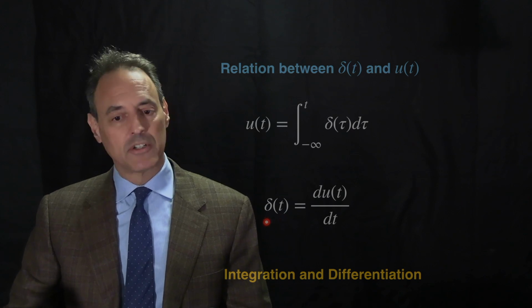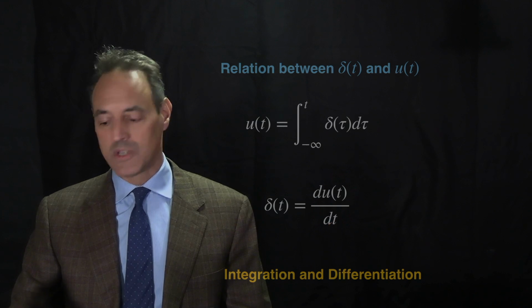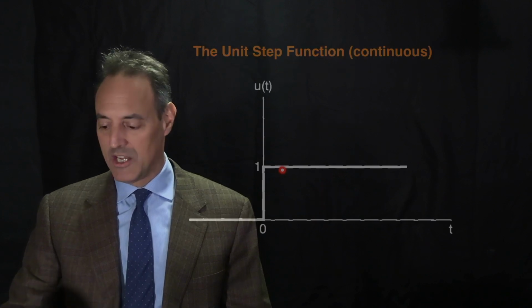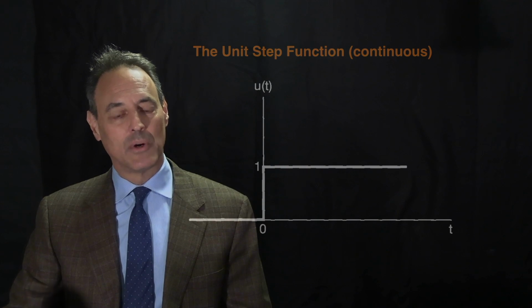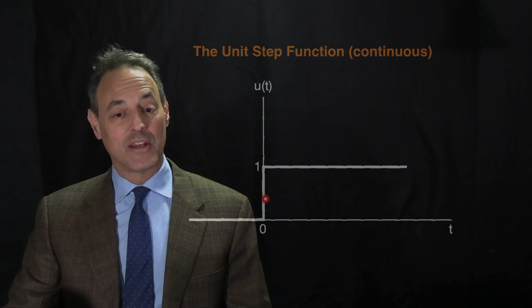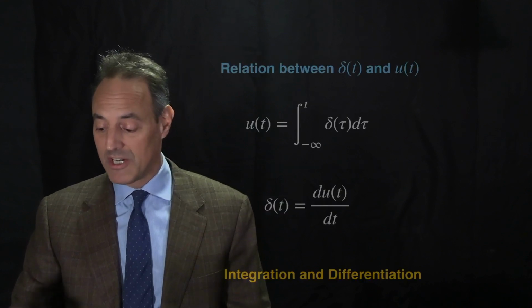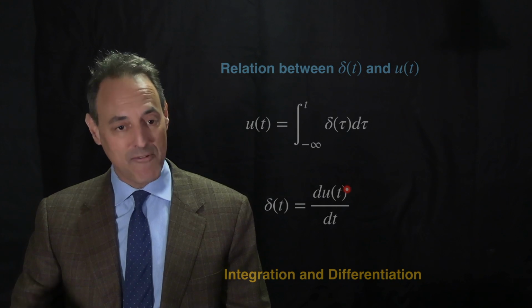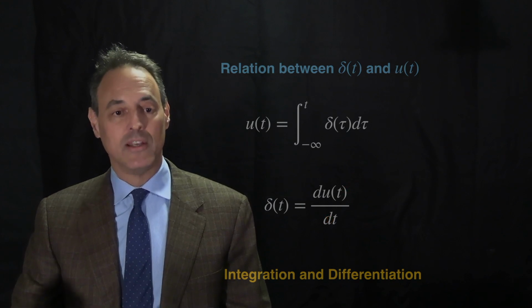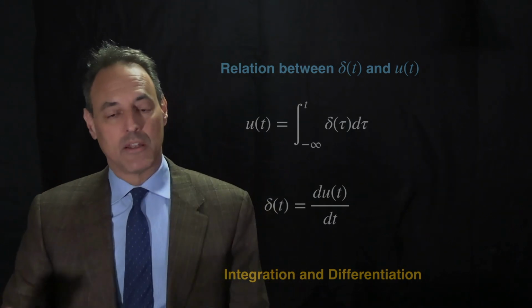The delta function itself is the derivative of this function. So if I go back to looking at this thing, the derivative here is 0. The derivative here is 0. And of course here, the derivative is basically a discontinuity. It's like infinity, but a very special type of infinity. So you take that function, you differentiate it, and the derivative is 0 on either side and infinity right in the middle.